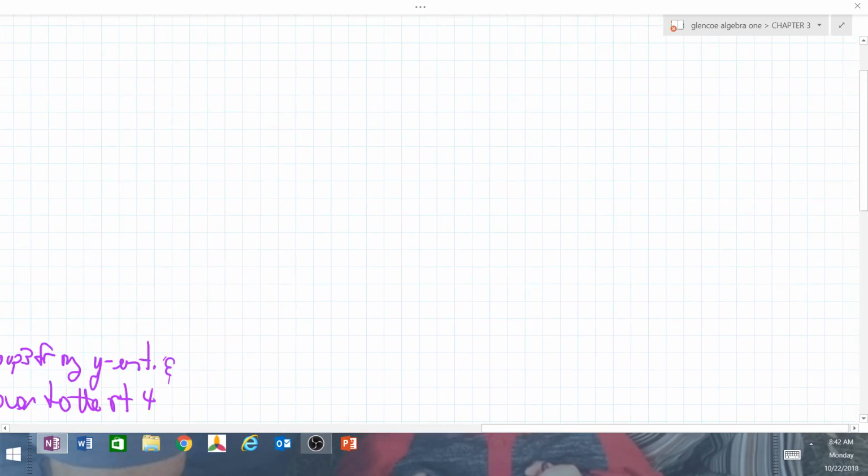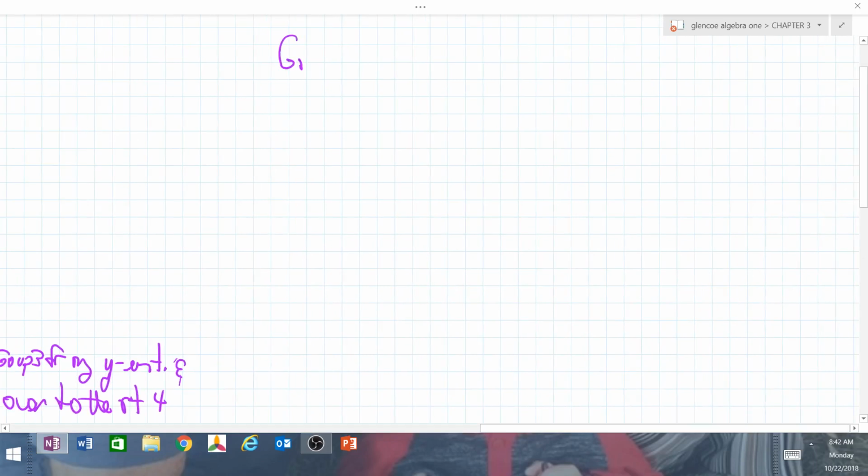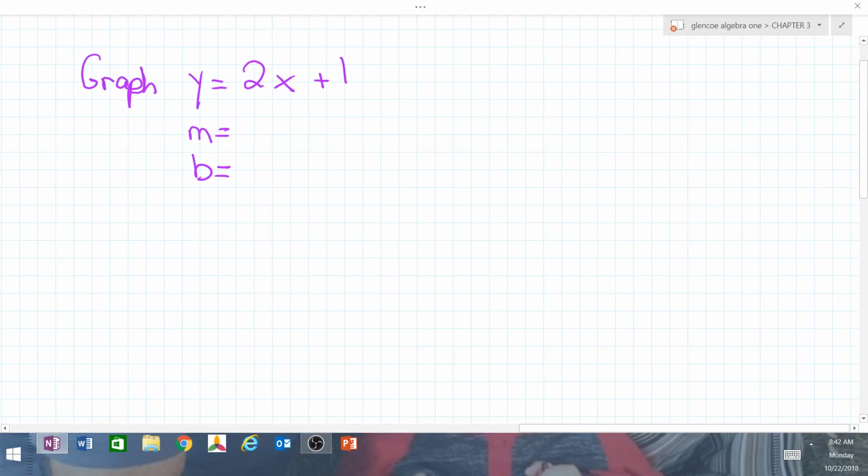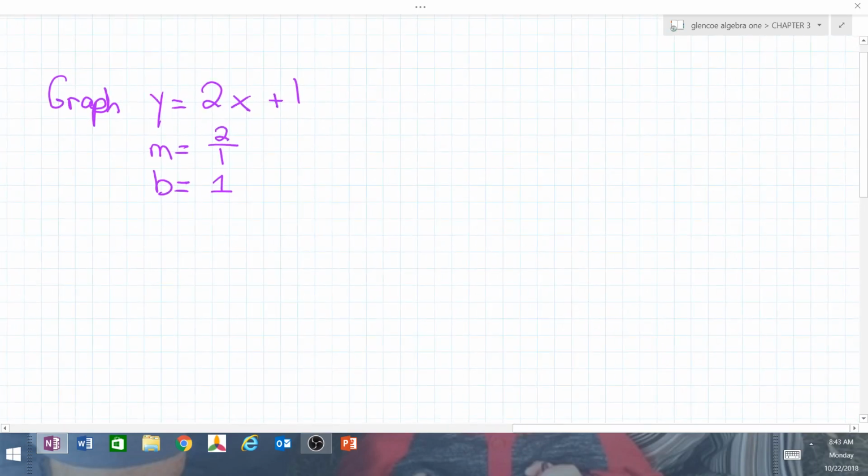Are you ready? So you're going to graph this one for me. Graph y equals 2x plus 1. First thing I want you to do is to tell me what m and what b are. What's m, class? 2. And we can write it as 2 over 1 because that will be helpful when we're going up or down and to the right. And what's my y-intercept? Okay, so the equation is in the correct form. What's the first thing you're going to graph, class?